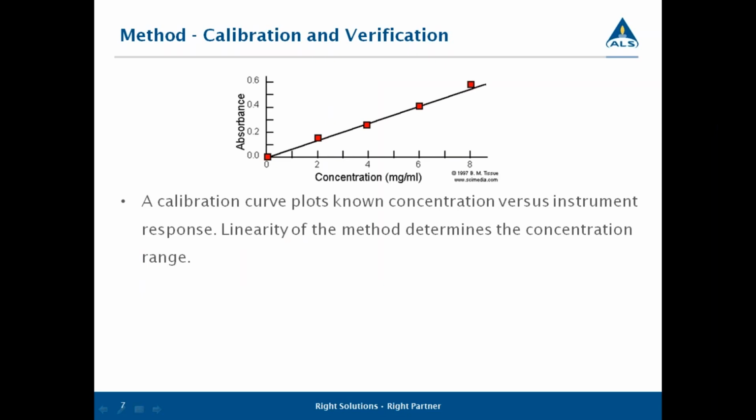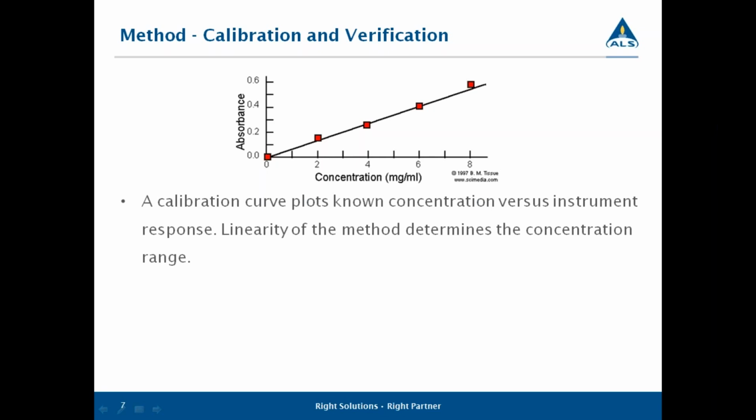Now the calibration has its own QC criteria. Generally we want to know if the resulting curve is linear. So a calibration curve plots known concentration versus instrument response. In this case we have absorbance as instrument response. Depending on the instrumentation, there may be something else on the y-axis, but on the x-axis there's always concentration. The linearity of the method determines the concentration range.